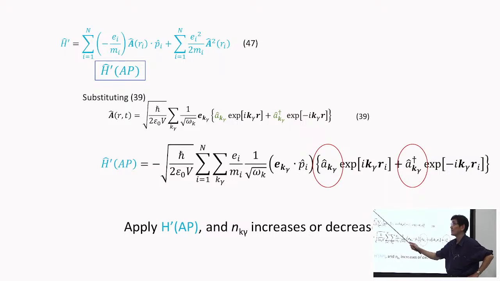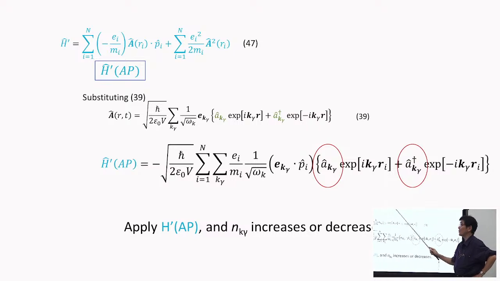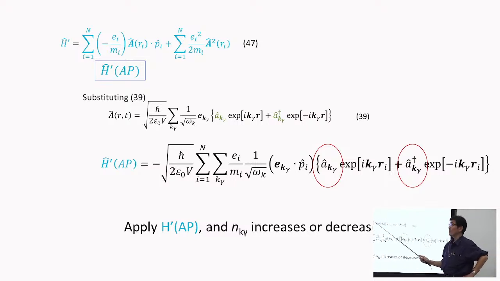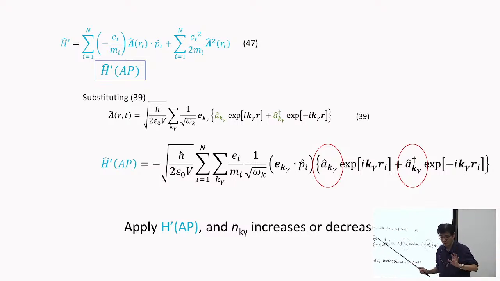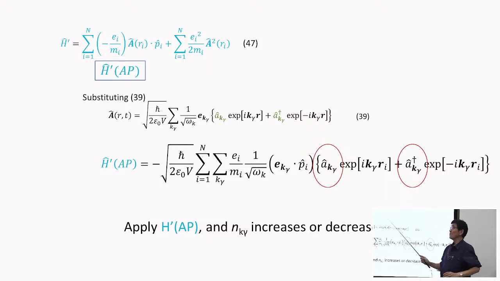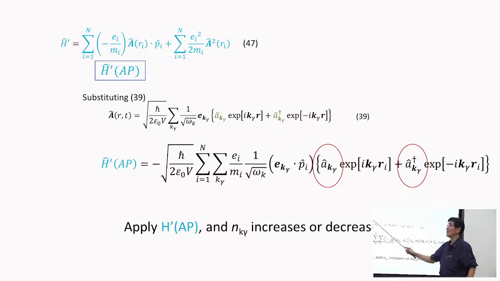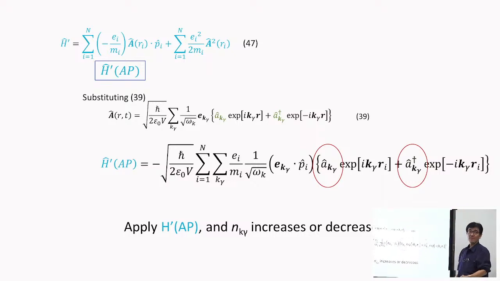For that purpose, we should consider the expression of the interaction Hamiltonian a little bit more. Yesterday I showed that the interaction Hamiltonian mainly consists of two parts, the A·P term and the A squared term.